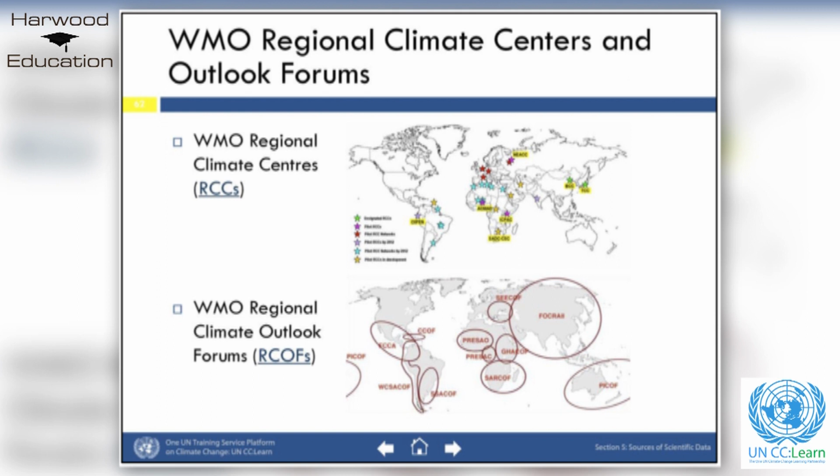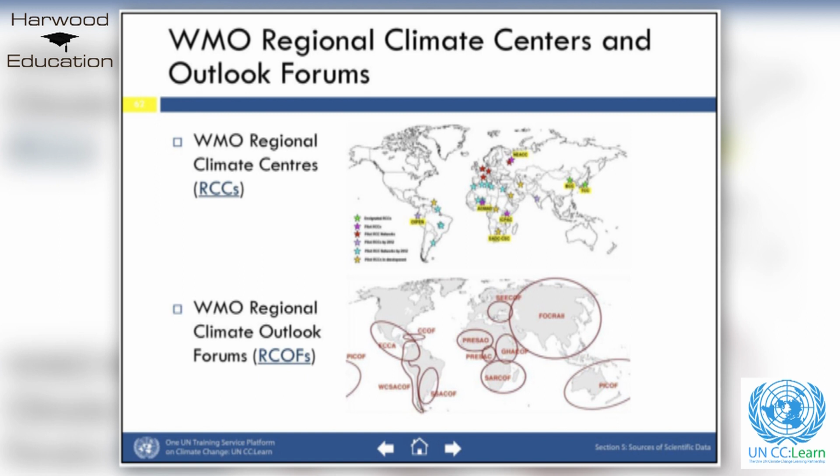Hydrological Services, NMHSs. Regional Climate Outlook Forums, RCOFs, bring together national, regional, and international climate experts on an operational basis to produce regional climate outlooks based on input from national, regional, and global institutions.